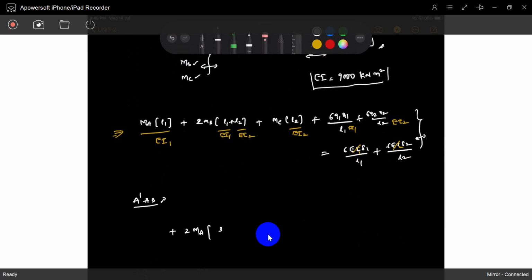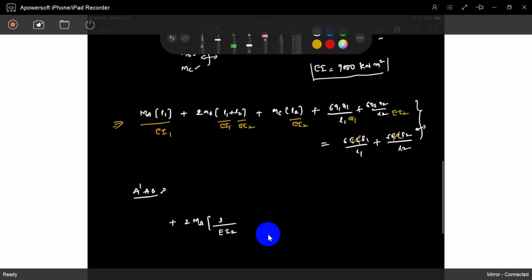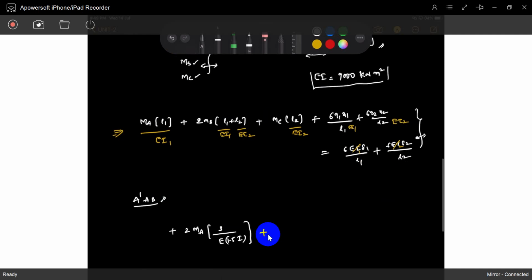L2 is 3 meters divided by E of I2; I2 means this, so I directly write it. What is that value? E 1.5I. Plus MA, and now it's MB, of the same thing, 3 divided by E 1.5I.